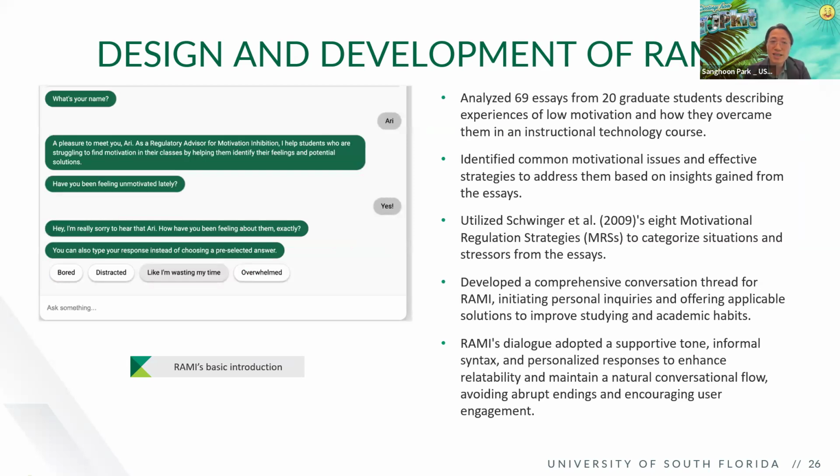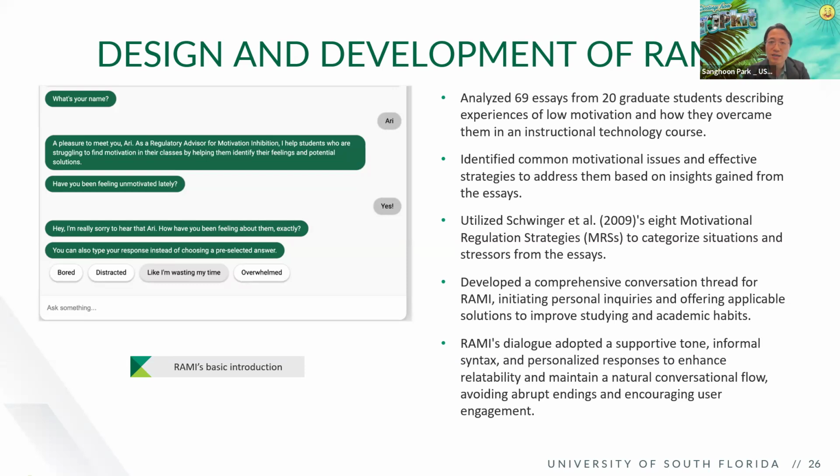So as a data source, because you have to train this chatbot to be more familiar with those motivational issues so they can provide more helpful, useful motivational suggestions, we analyzed 69 essays from 20 graduate students, and we trained this chatbot to be able to respond based upon those real, authentic scenarios.